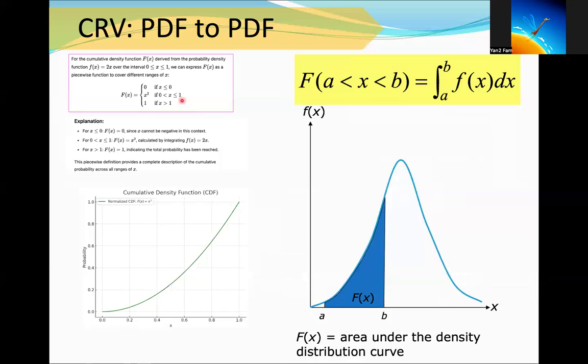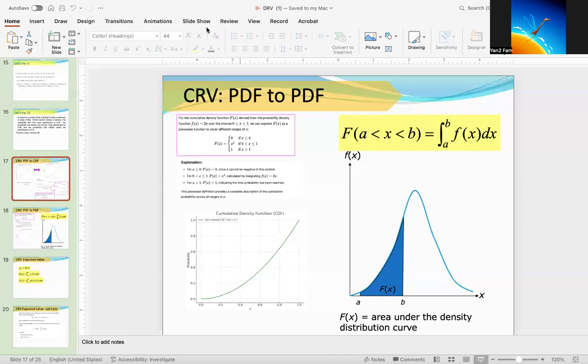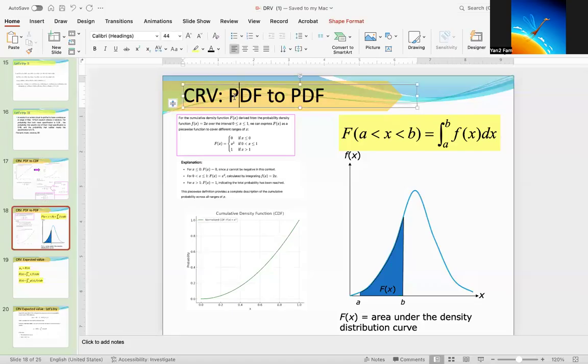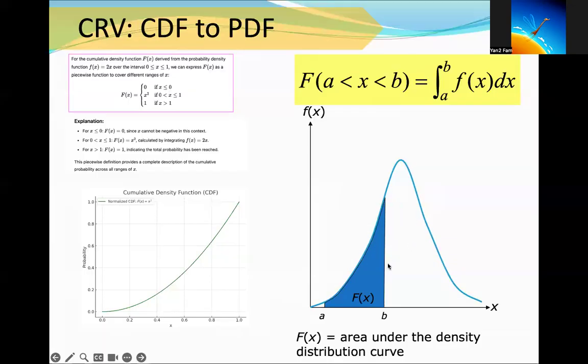Is it possible to convert this back into the PDF? Yes, you can do that by using differentiation. Just now was integration, now differentiation. When going from PDF to CDF, you do the integration.